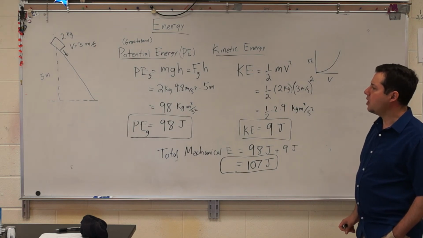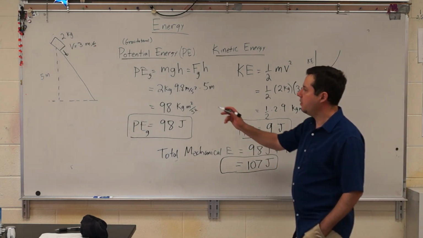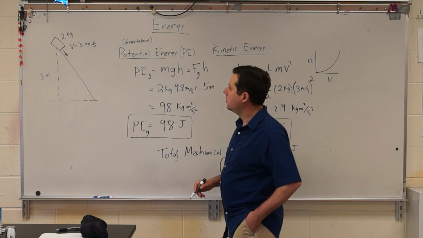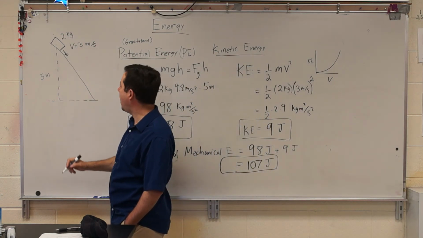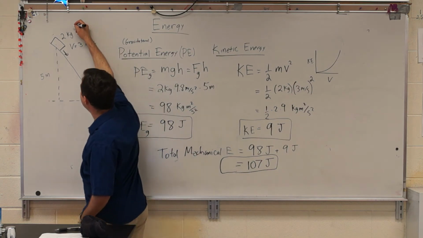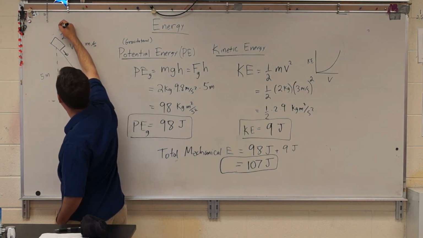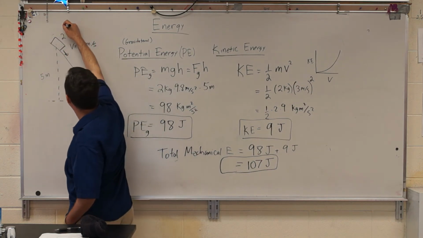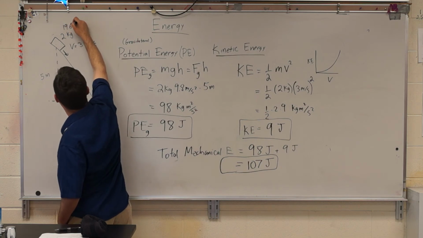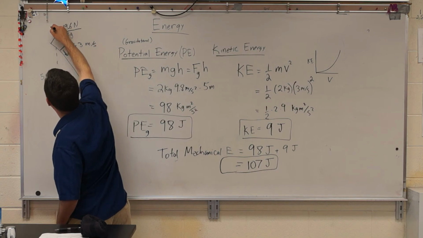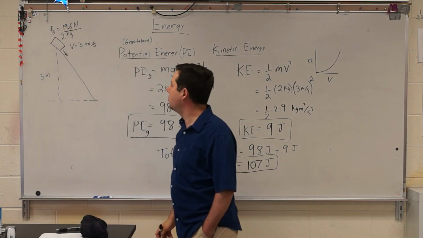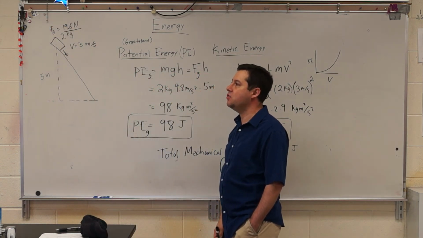What else? There's one other thing I wanted to just point out. If we say that this is a 2 kilogram box, that means that sometimes you might see it defined as a 19.6 Newton box, because that would be the object's weight. The object has a weight of 19.6 newtons.